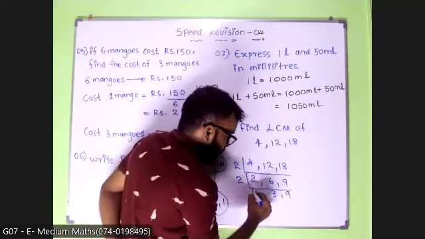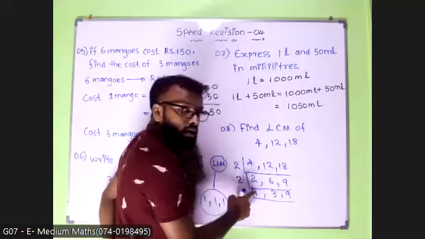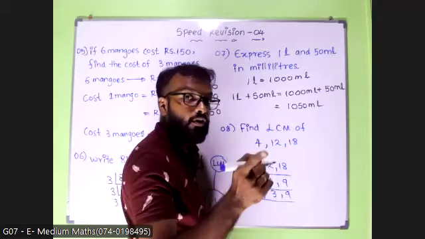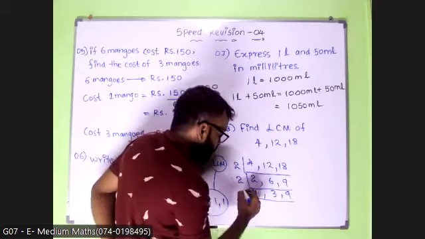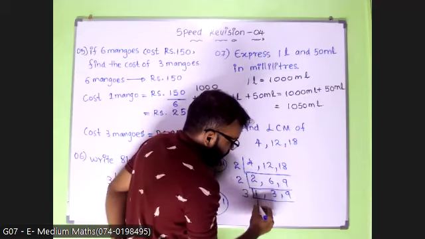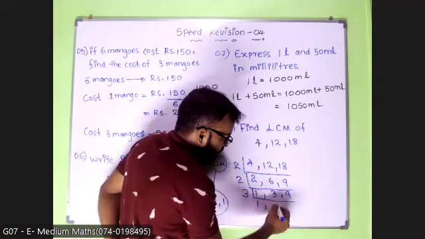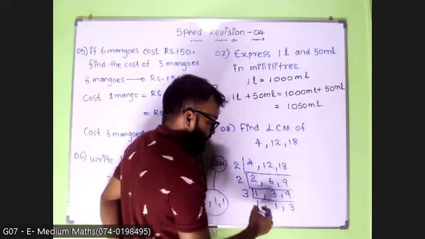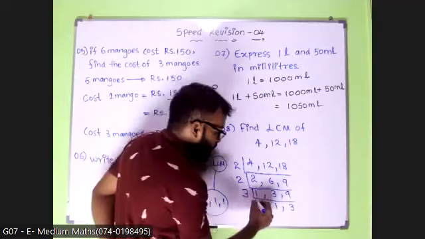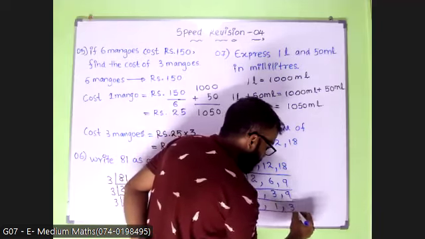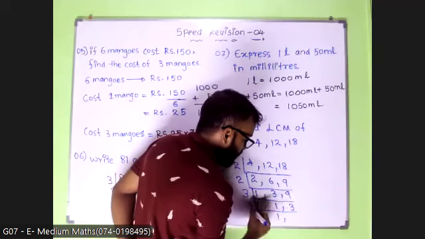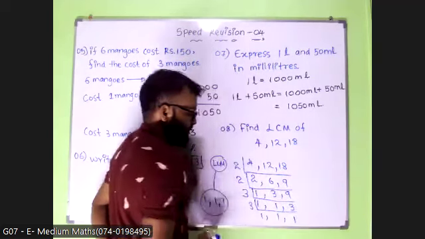Then here 1, that is done. 3 and 9 can be divided by 3. 3 times 1, 3, 3 times 3, 9. Again I have 3, so you have to divide one more time by 3. 1, 1, 3 times 1, 3.